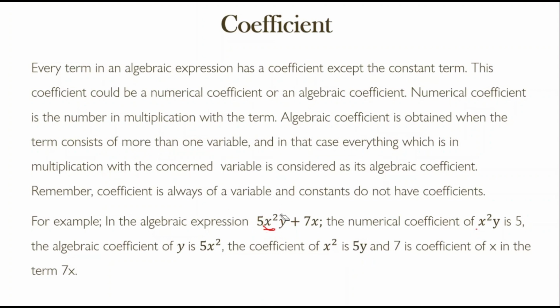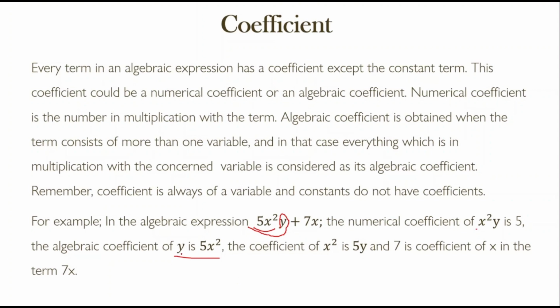Similarly, if I have to tell what is the coefficient of y, I look at this term and see what is in multiplication with my y. It is 5x square. So 5x square would be the algebraic coefficient of y. Okay.